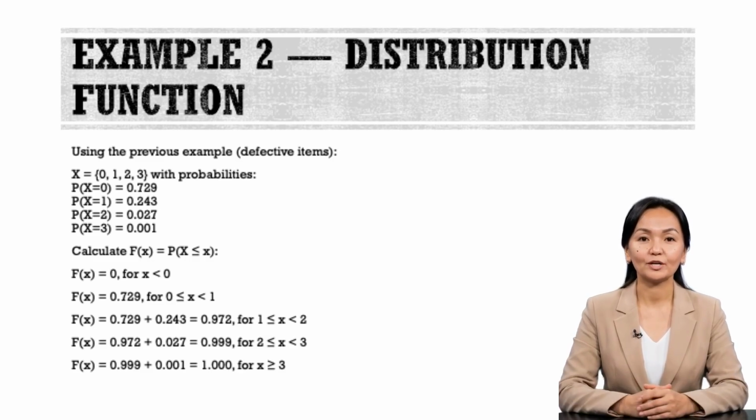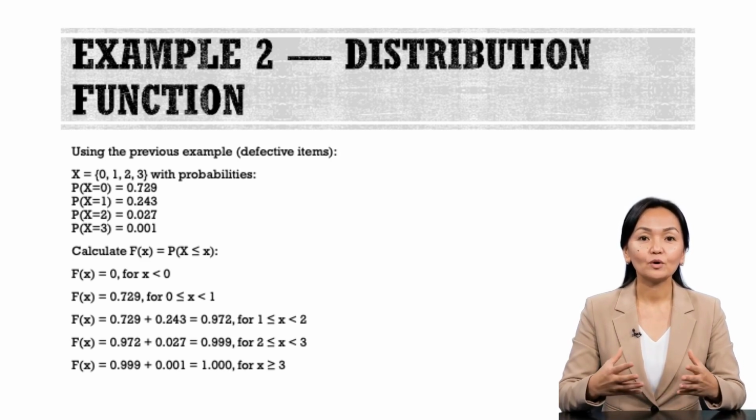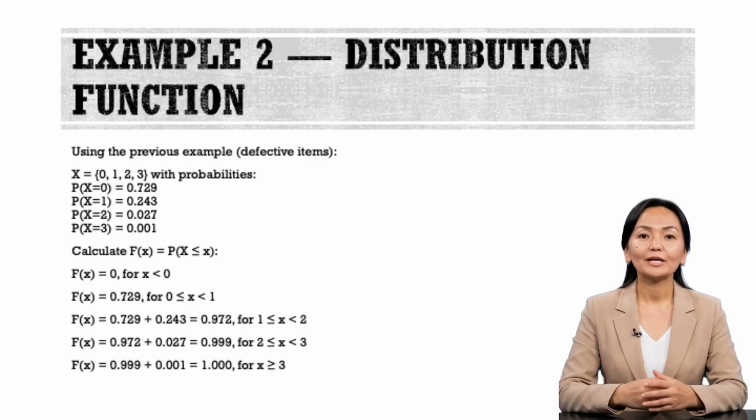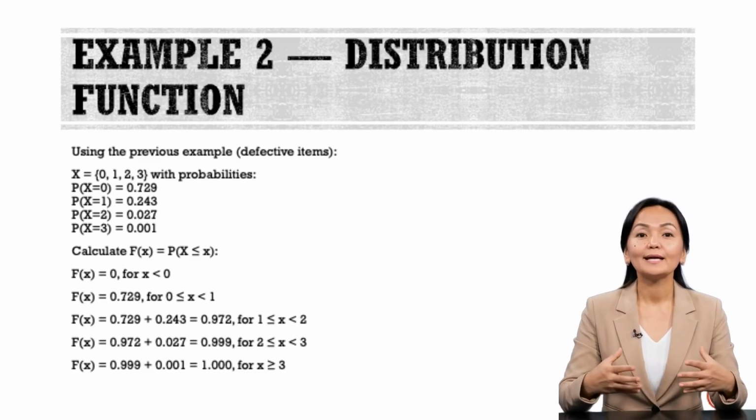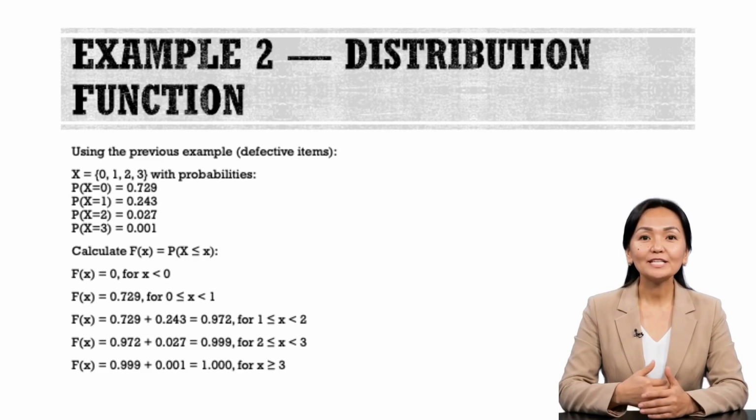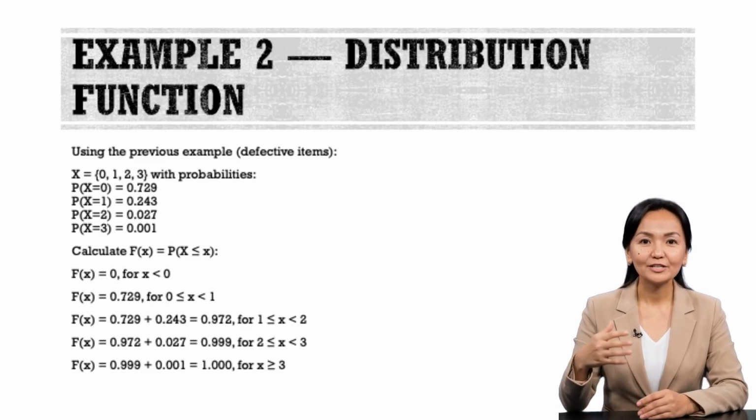For x between 1 and 2, it's 0.729 plus 0.243, which equals 0.972. For x between 2 and 3, it's 0.972 plus 0.027, which equals 0.999. And for x greater than or equal to 3, it's 0.999 plus 0.001, which equals 1. This staircase shape is characteristic of discrete random variables. Notice how the function jumps at each possible value.